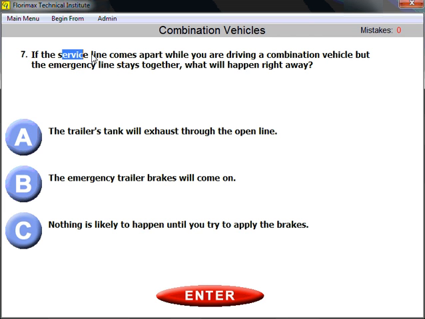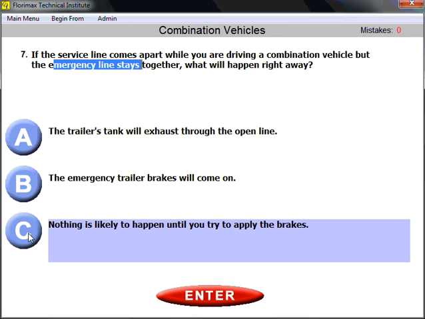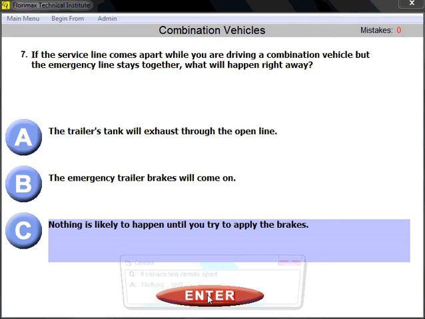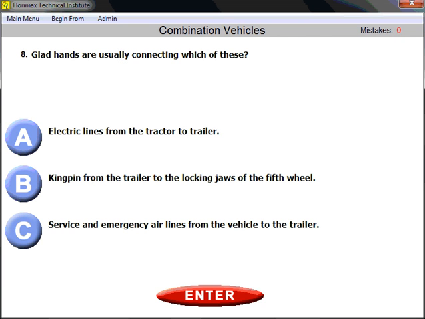But when the service line comes apart and the emergency line at the same time stays together, nothing is going to happen until you try to apply the brakes. So when you read a combination like this, service comes apart, emergency stays together, nothing is likely to happen until you try to apply the brakes. Right? Very good.